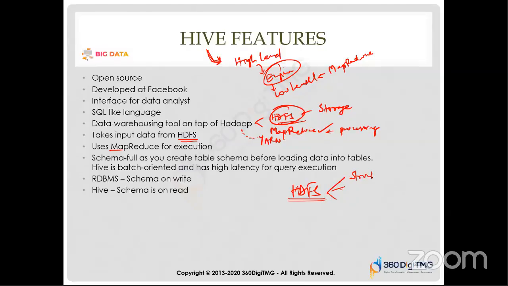It could be structured data, it could be semi-structured or unstructured, right? But when I am accessing this data using Hive, I would create tables. That means I'm converting the data which is there in different formats into structured format. And then it will get stored in a table.